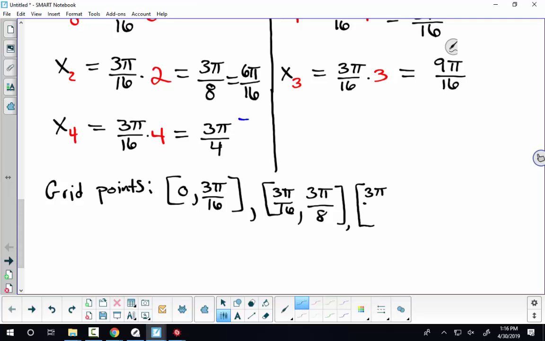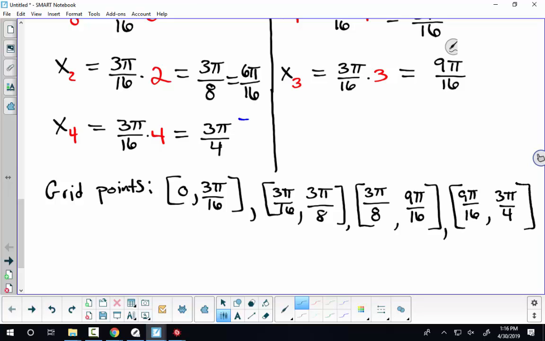The third grid point starts at 3 pi over 8 and then goes to 9 pi over 16. And then the last rectangle starts at 9 pi over 16 and goes to 3 pi over 4. So we use these grid points for all Riemann sums: left, right, and midpoint.